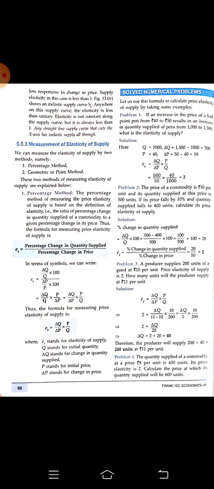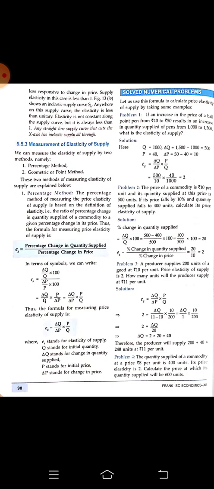If you can recall, the way we have done this in the demand chapter is the same. So how will we get the percentage change until we know the initial one? That is change in the quantity divided by initial quantity supplied into 100.